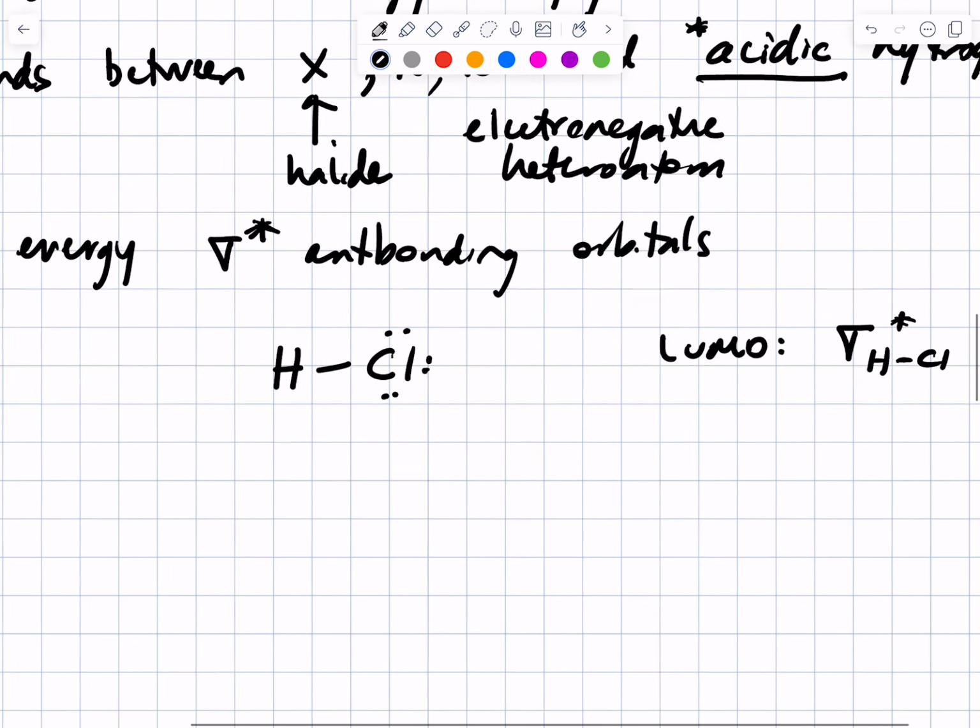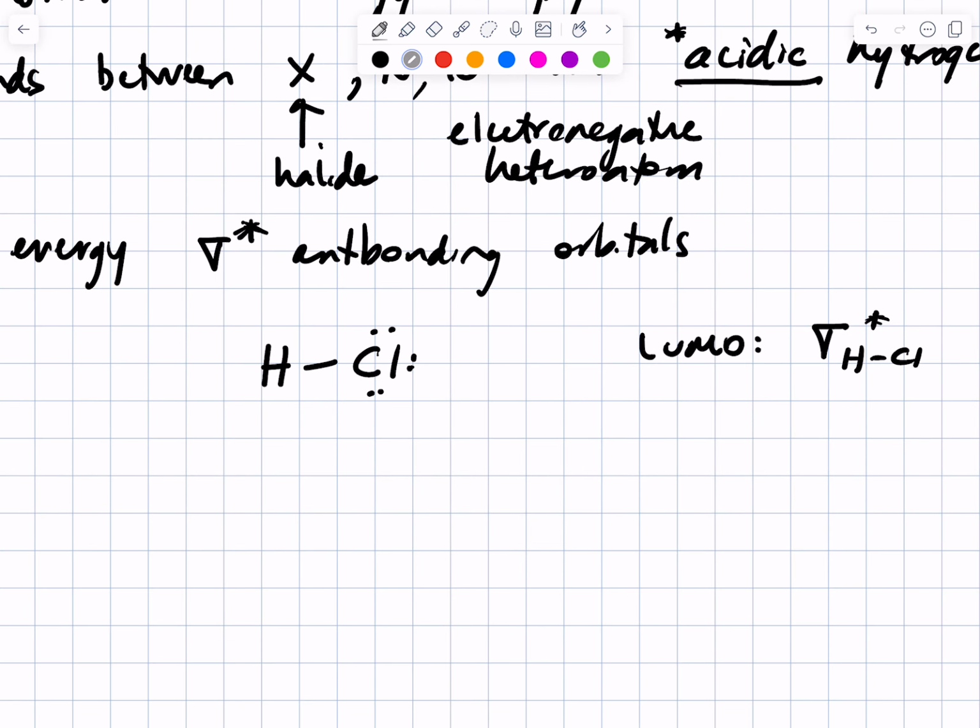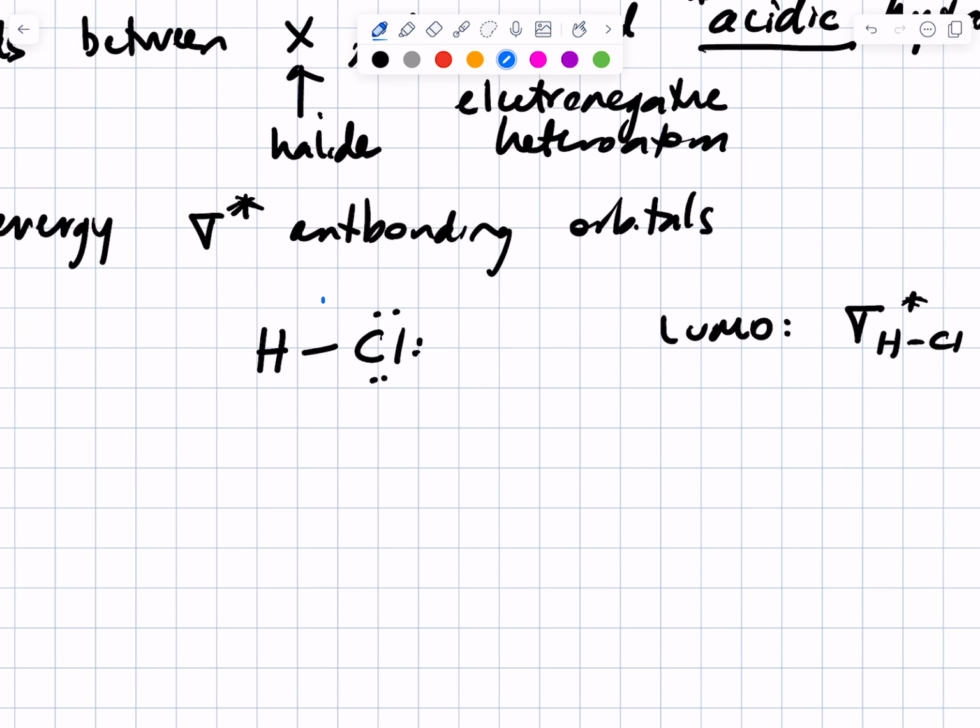Let me just draw briefly what that hydrogen chloride sigma star looks like. It has a node in between hydrogen and chlorine. It has one lobe on the hydrogen, but mostly pointing away from where the chlorine is. It has a tiny lobe on the chlorine pointing towards the node, and that lobe is opposite in sign to this one. You can tell that it has to be that way because this is a node.